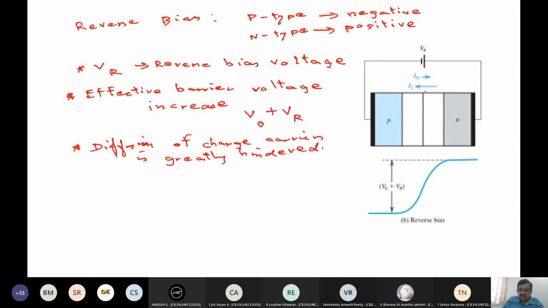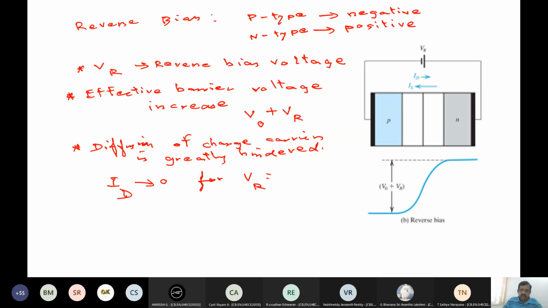In fact, if you look at the diffusion current, it will become insignificant. Okay, it will tend to become, ID will be close to zero, and in fact there won't be any diffusion current at all, even for VR.